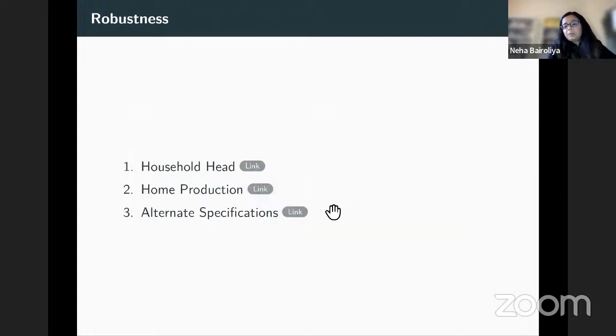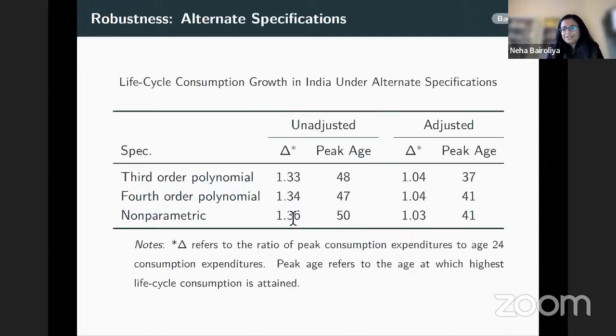And finally, we say, well, we're doing this non-parametric estimation with respect to age. What kind of results are we going to get if we just utilize a very, very simple framework like a parametric family of functions and age? Doesn't really change much. So the type of estimation that we're doing is not really key here to determining our key result.